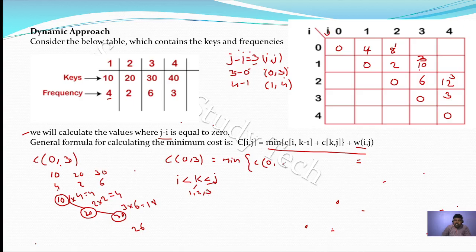For example, I consider the first k value as 1, so 1 minus 1, that is 0, plus k value is 1, so C of 1 comma 3, plus W of 0 comma 3. What is 0 comma 3? That means ignore 0, take 1, 2, 3. You can add these frequencies, 4 plus 2 plus 6, so here it is 12. So this value is 12.